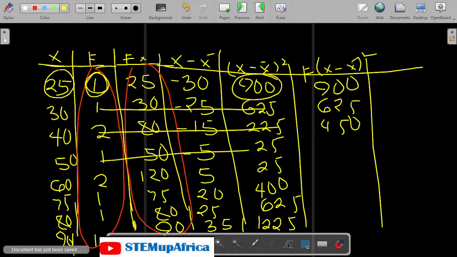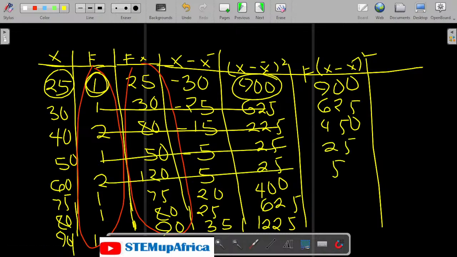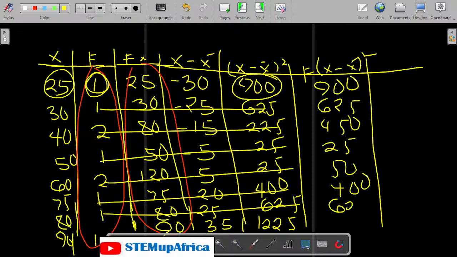Then 1 times 25 is 25. 2 times 25 is 50. 1 times 400 is 400. 1 times 625 is 625. 1 times 1225 is 1225. So you have to sum them up. 900 plus 625 plus 450 plus 25 plus 50 plus 400 plus 625 plus 1225.